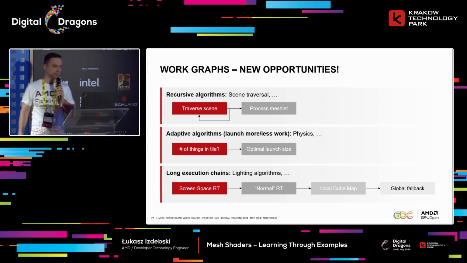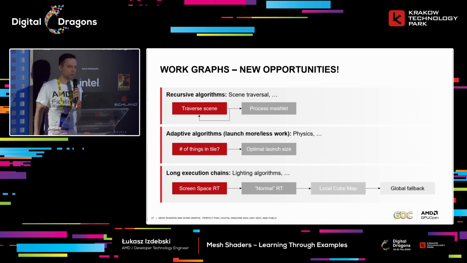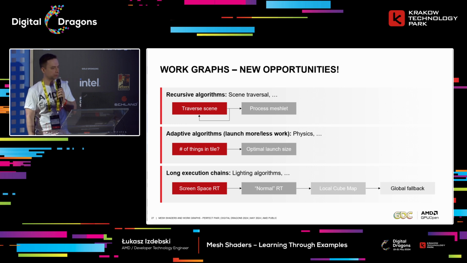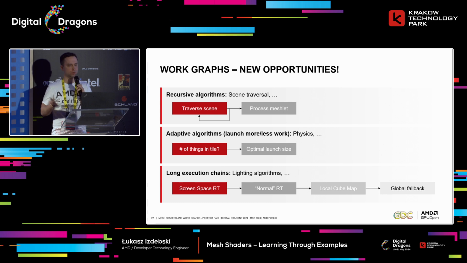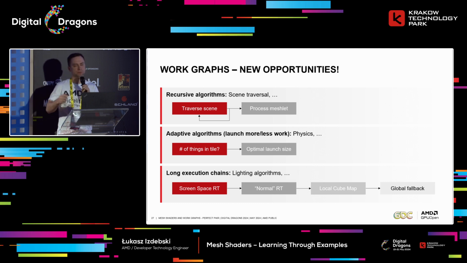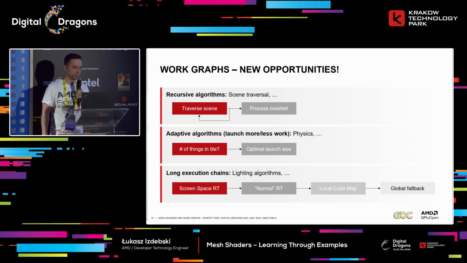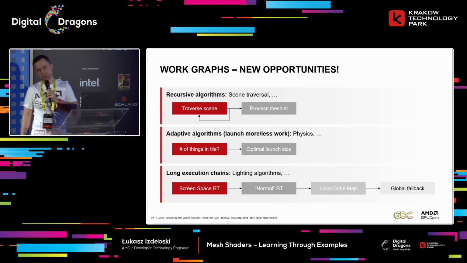Additionally, work graphs are very suitable for developing adaptive algorithms. For example, when you do a physics simulation and divide the world into cells, work graphs can adaptively manage more work on those cells that need it, compared to cells that are sparse where less is happening. The same story applies to long execution chains.